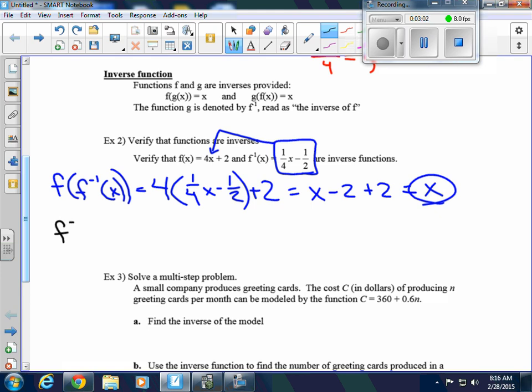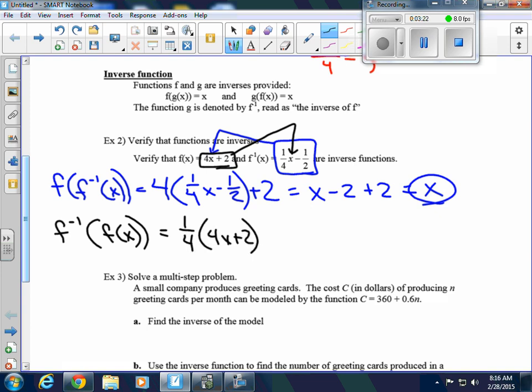And for the second part, now we're going to go the other way. The inverse of f of x. So f inverse of f of x. So now we're going to take the f of x function and we're going to put it into the other one. So we're going to have 1/4, now instead of x, I'm going to write my 4x plus 2, and then subtract 2.